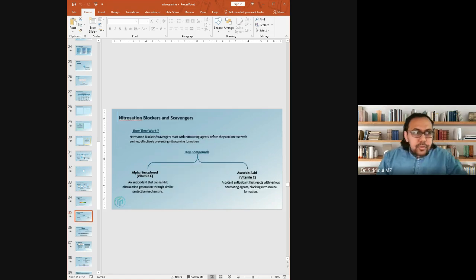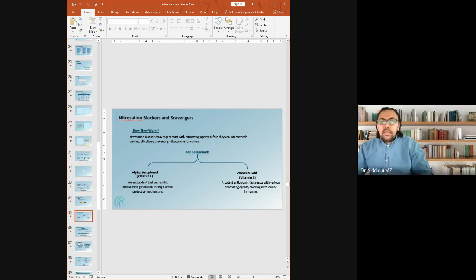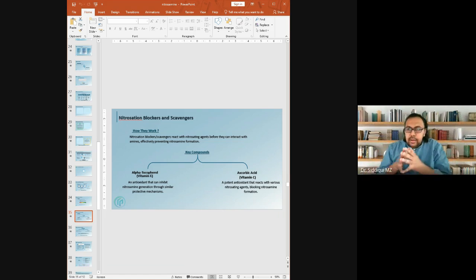Another way we can block or control the nitrosamine formation is to introduce nitrosation blockers and scavengers, or modify the excipient selection.